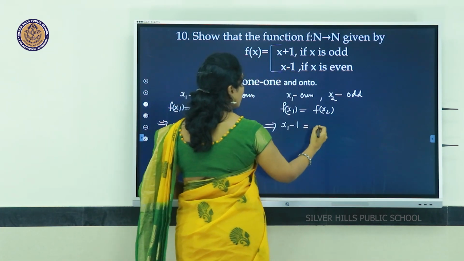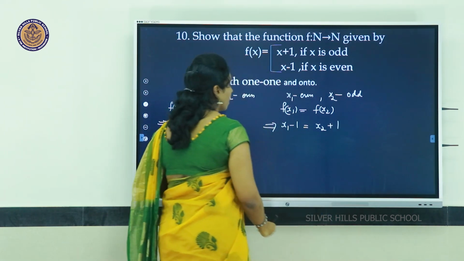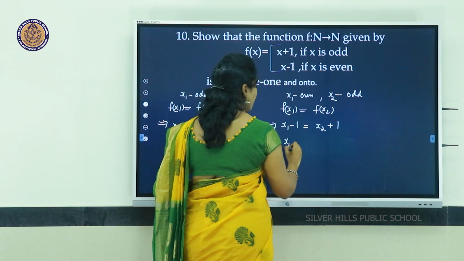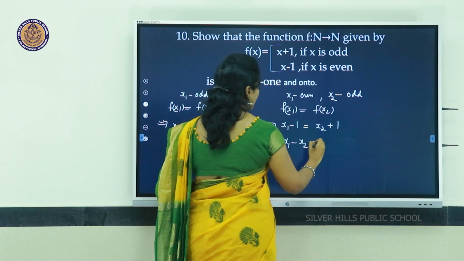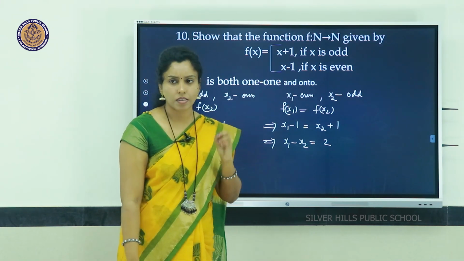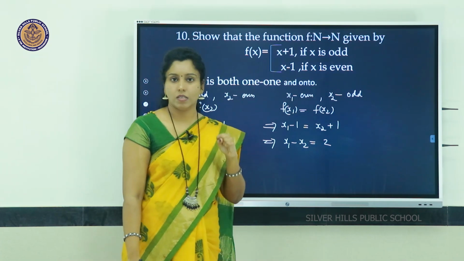So, I substitute x2 in the first slot, x2 plus 1. So, what do I get, which implies x1 minus x2 is equal to 2. So, that also does not give us the answer x1 is equal to x2. So, this type of selection is wrong.